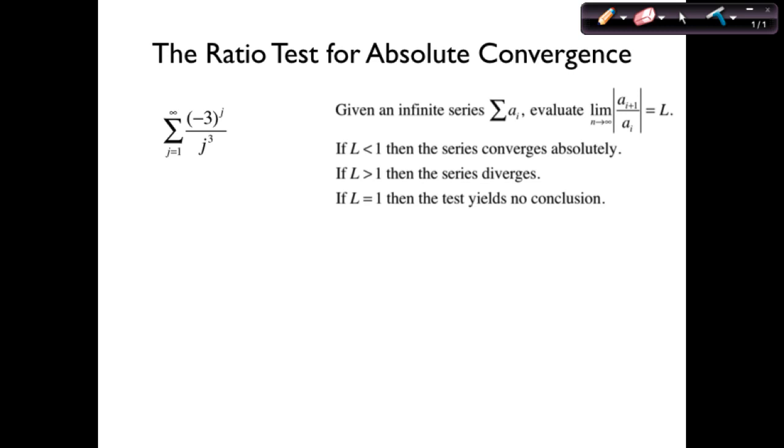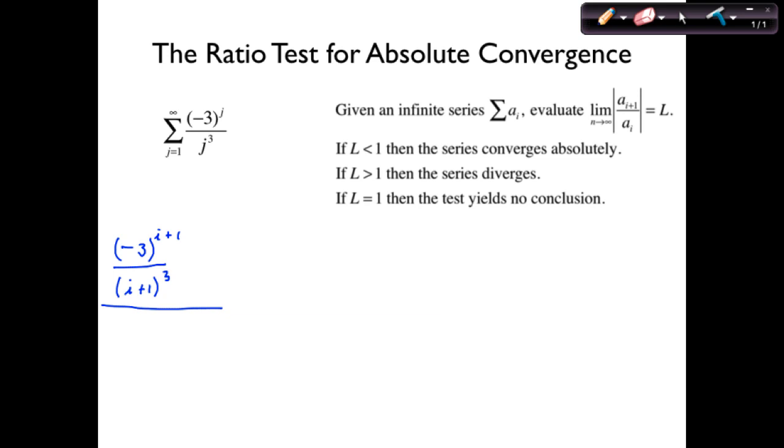So in this first one, I'll use i. What is the i plus first term of this? -3 to the i plus 1 over i plus 1 cubed. So anywhere you have your index, it's now the next one, or adding 1 to your index.